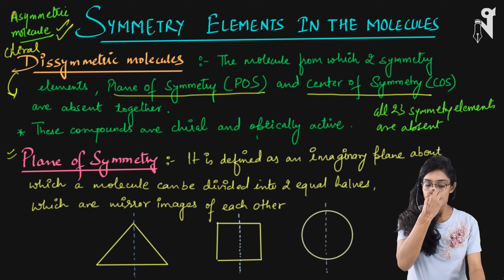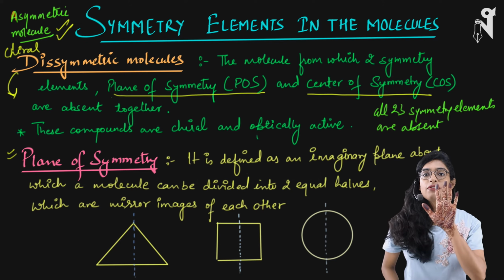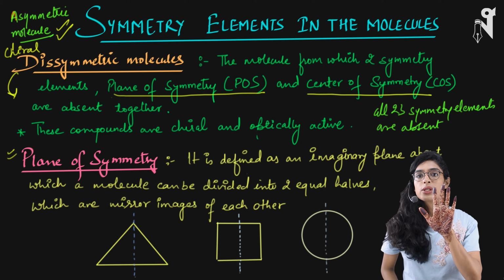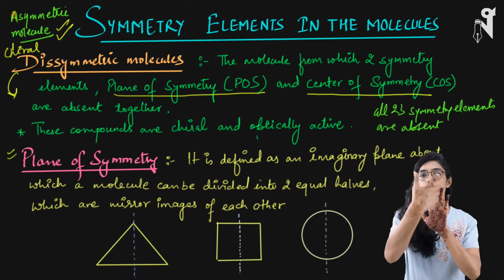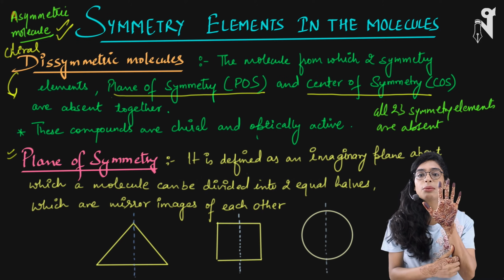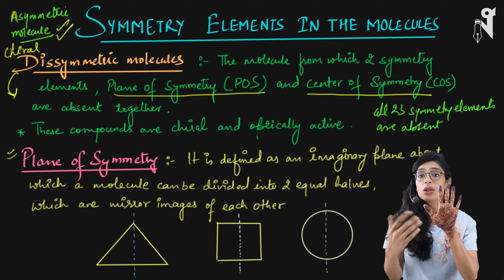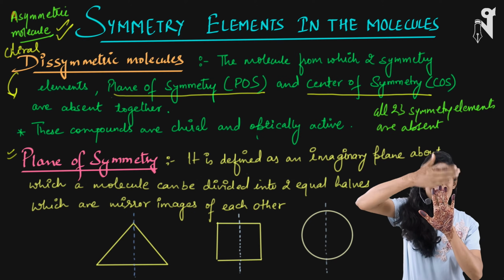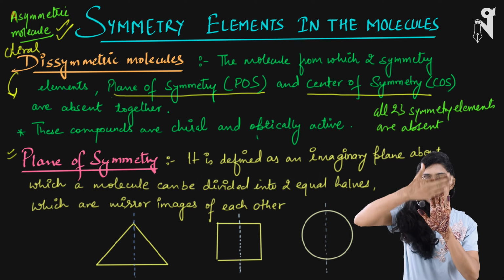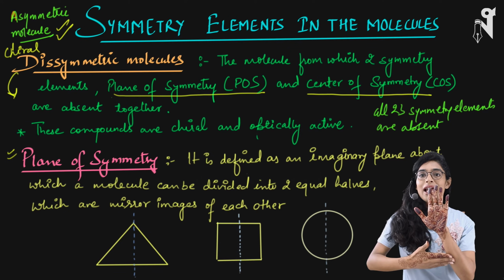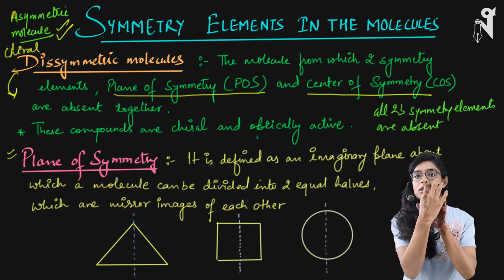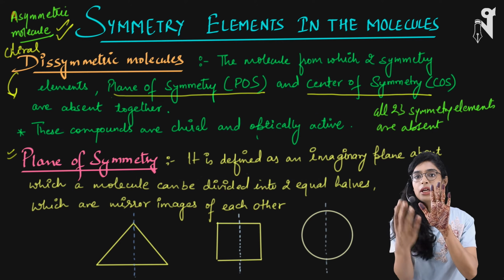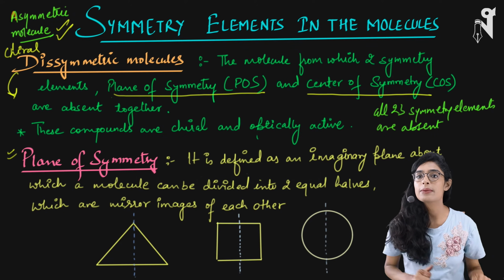Now let's take this hand. If I try to cut it into two equal halves through a certain plane, what can I do? I can cut it from here, from the center. Is it giving me two equal halves? I mean, are those two halves mirror images of each other? No. If I do the slice cut of this hand, then one half will be this surface part and the other half will be the one with the nails.